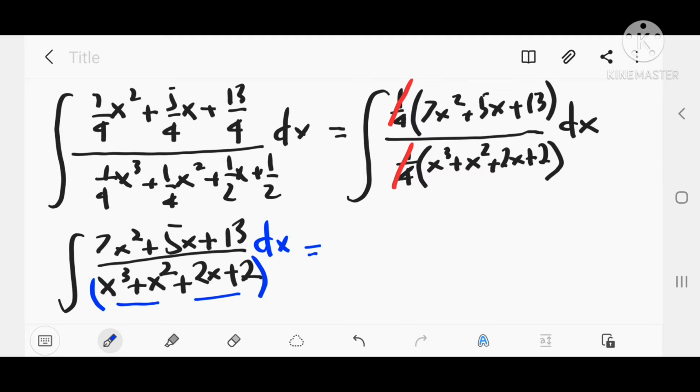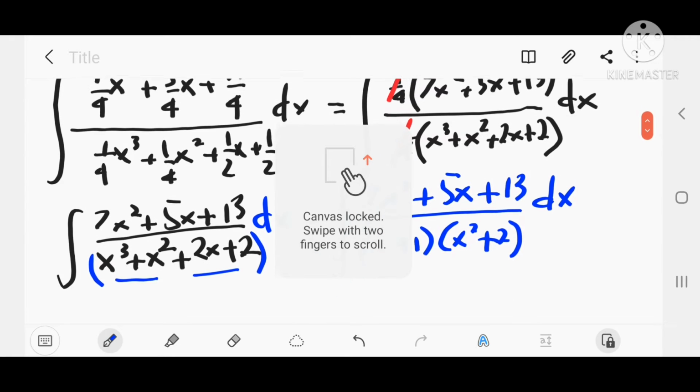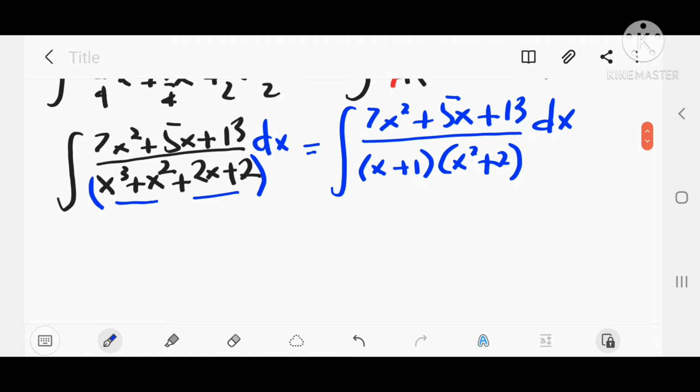So we have the integral of 7x squared plus 5x plus 13 all on x plus 1 times x squared plus 2, dx.